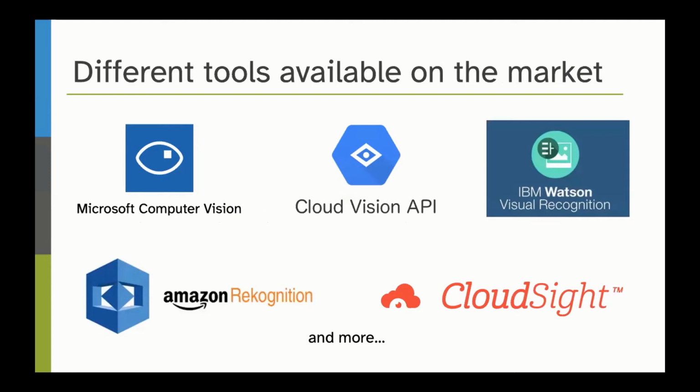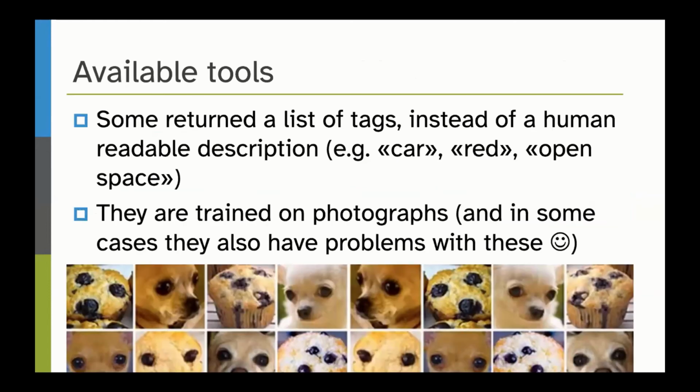The goal was to test the many tools that were available in the market that you can see in this slide, for example Microsoft Computer Vision, Cloud Vision API, IBM Watson, Amazon Rekognition, Cloudsight, and others, to use them in the publishing world to simplify the process of creating born accessible publications. So, to simplify the work for publishers and content creators.